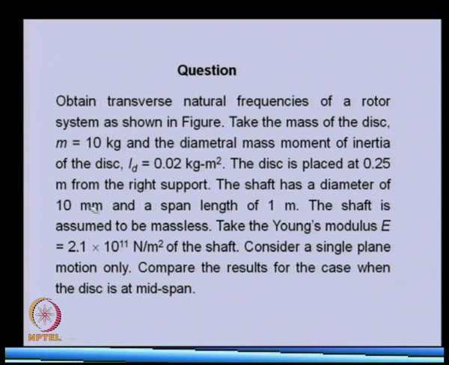Diameter of the shaft is 10 millimeter. Young's modulus is given. In this particular case, we are considering only single plane motion, because these influence coefficients do not couple the vertical motion and the horizontal motion. So, single plane motion can be considered.